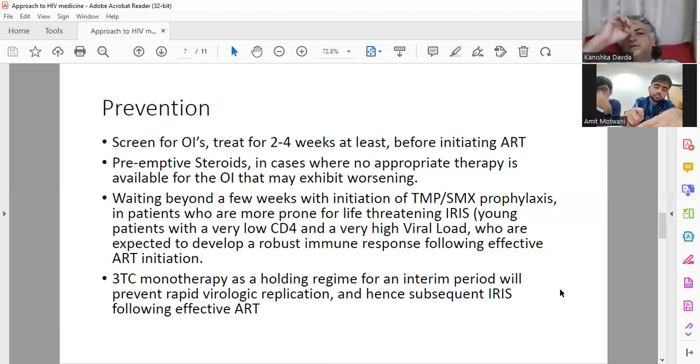Okay. So this can also be done in the prevention. Even though this is not standard of care, it is part of a large RCT which is found to be useful. So I will share that paper with you later. Okay.